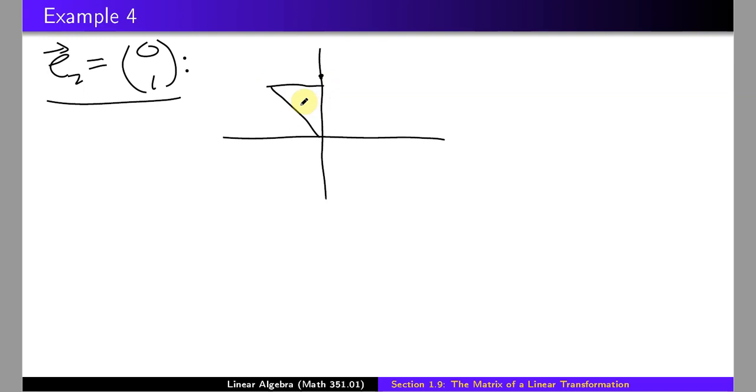Well, let me put this in first. Okay, so we're going to have some distance minus x1 that we went in this direction, and then x2 that we've gone vertically, sort of to our triangle. And again, there's going to be a unit circle associated with this.